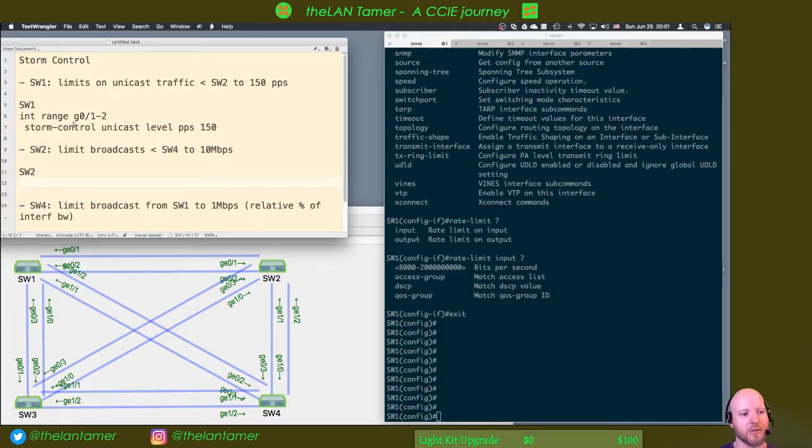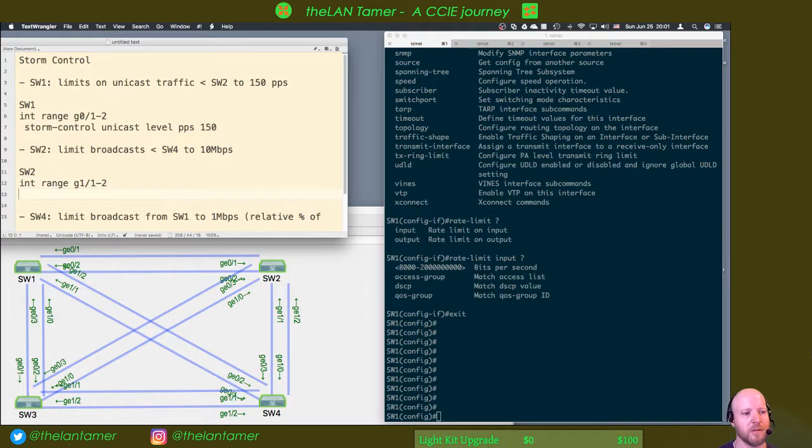So for switch 2, we want to limit broadcast traffic coming from switch 4. That's going to be interface range G1/1 through 2. Storm control broadcast level, and this is going to be bits per second. I have to look here.